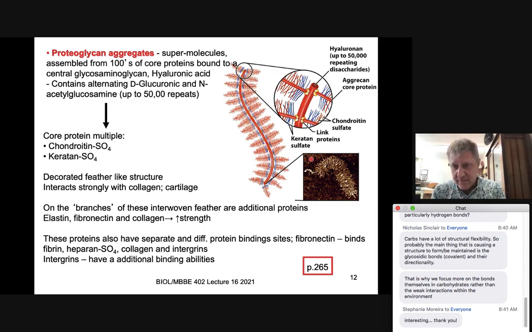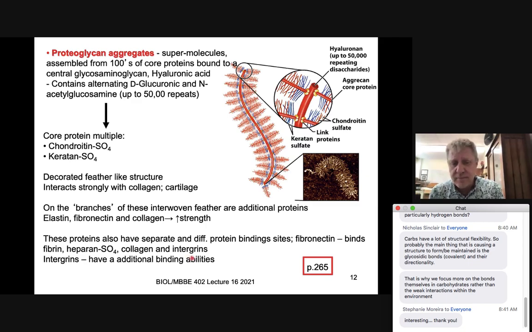We can even get scanning electron micrographs of these proteoglycans because they're so large. So we have these core proteins, again, the chondroitin sulfate, but then we have keratan sulfate also as a different component.